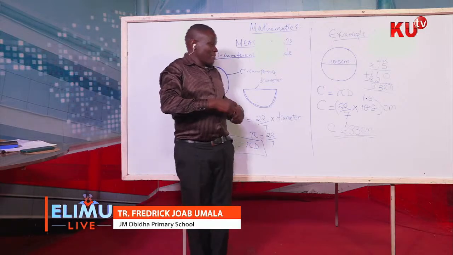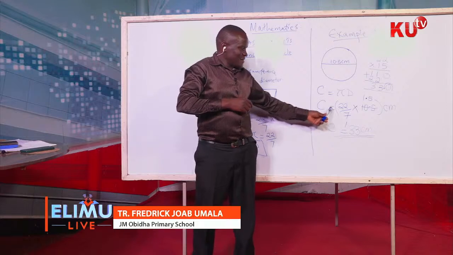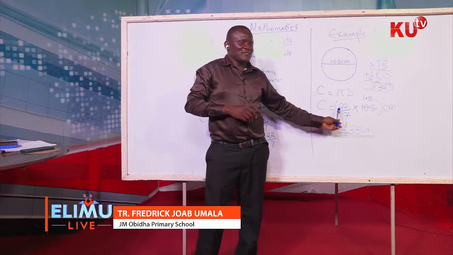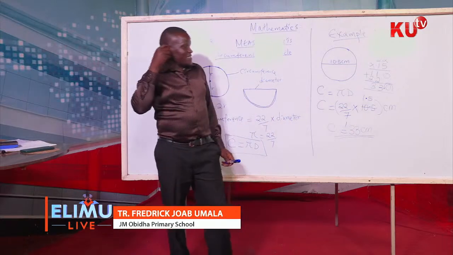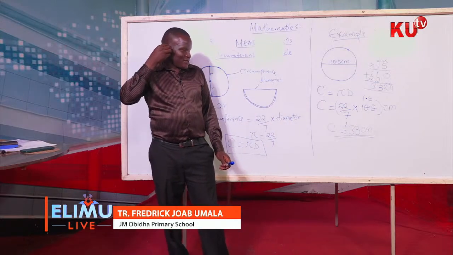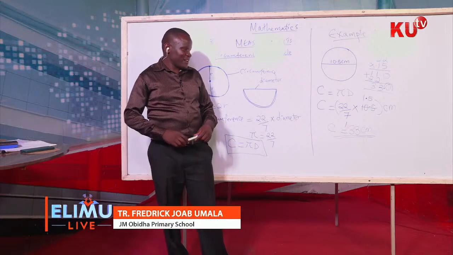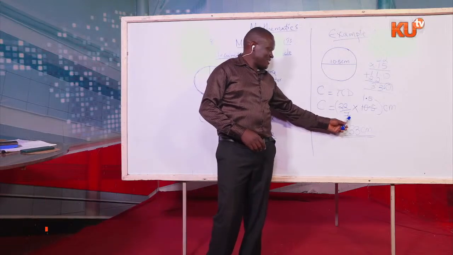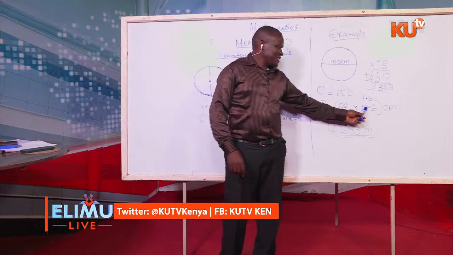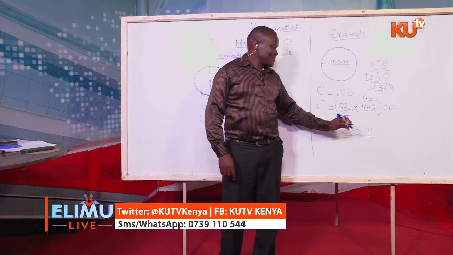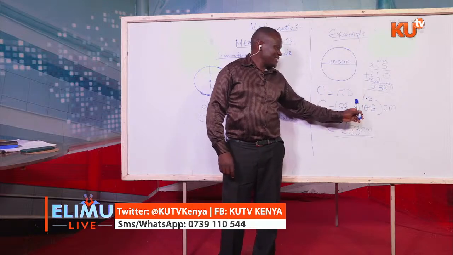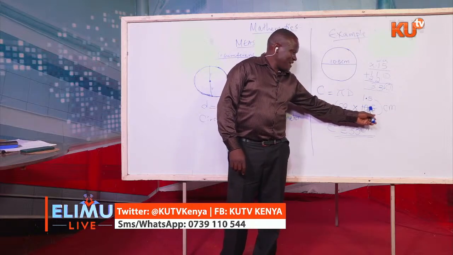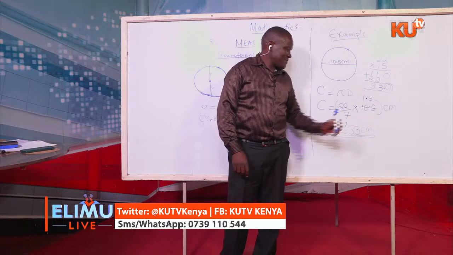And therefore, circumference will be equal to 22 over 7 times the diameter, which is 10.5. So 22 over 7 times 10.5. 7 goes into 7 once, into 10 once. Remainder 3, we put our decimal point. 35, 7 will go into 35 5 times.